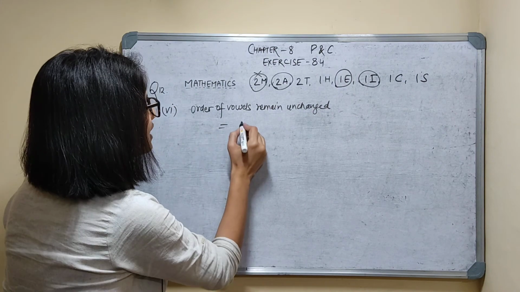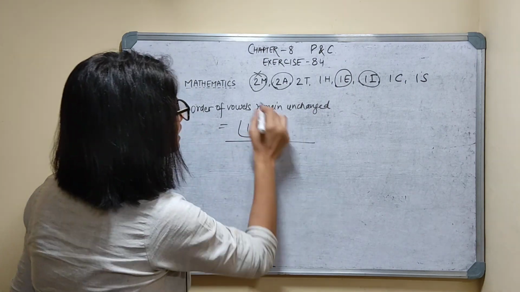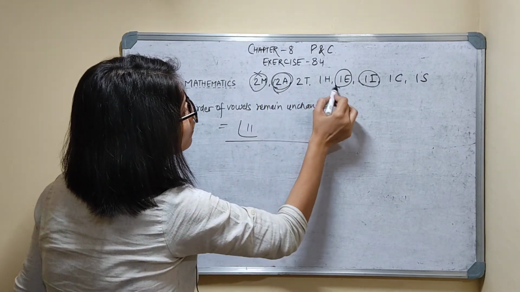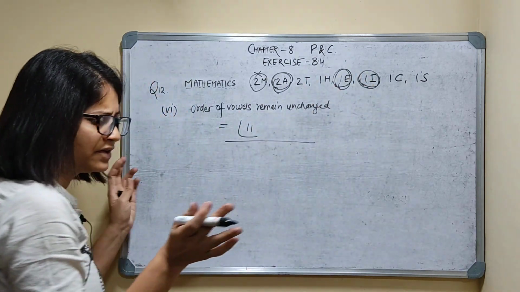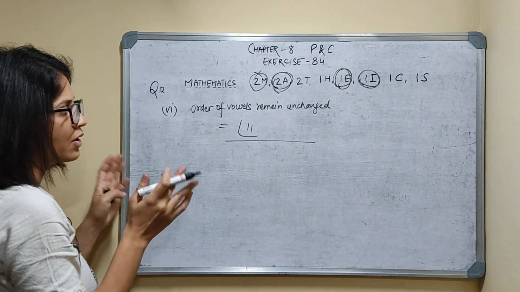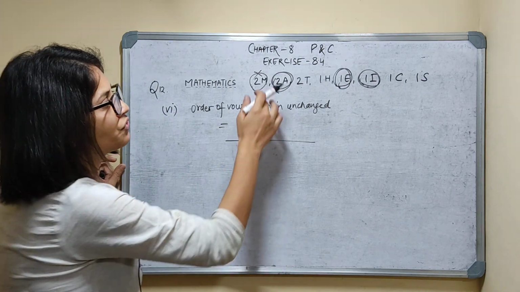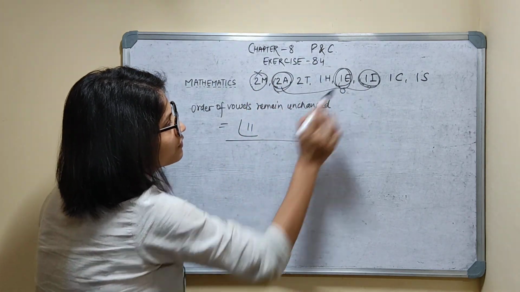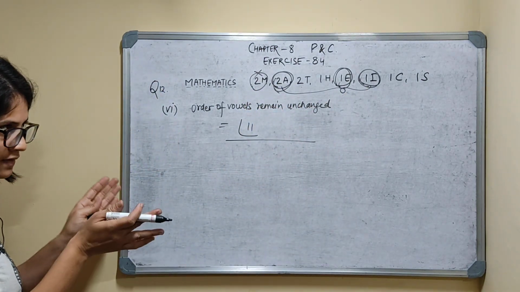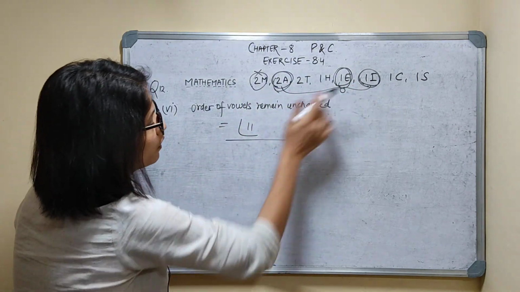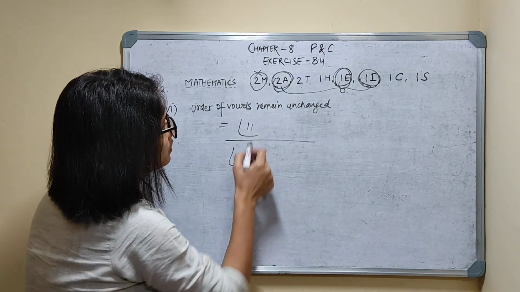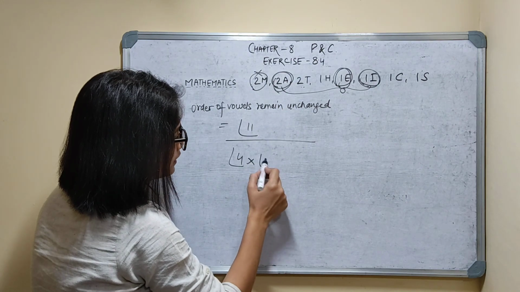So required number of arrangements is factorial 11 upon this 2A, 1E, 1I. Consider all vowels and order of vowel remain unchanged, so treat it like this, 3 types of vowels. So take factorial 4 only. So factorial 4 into factorial 2, factorial 2 into factorial 2.